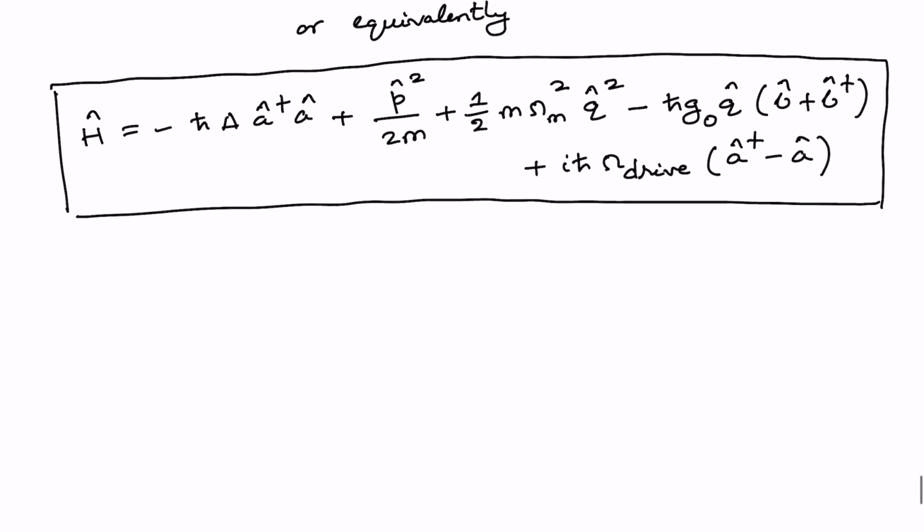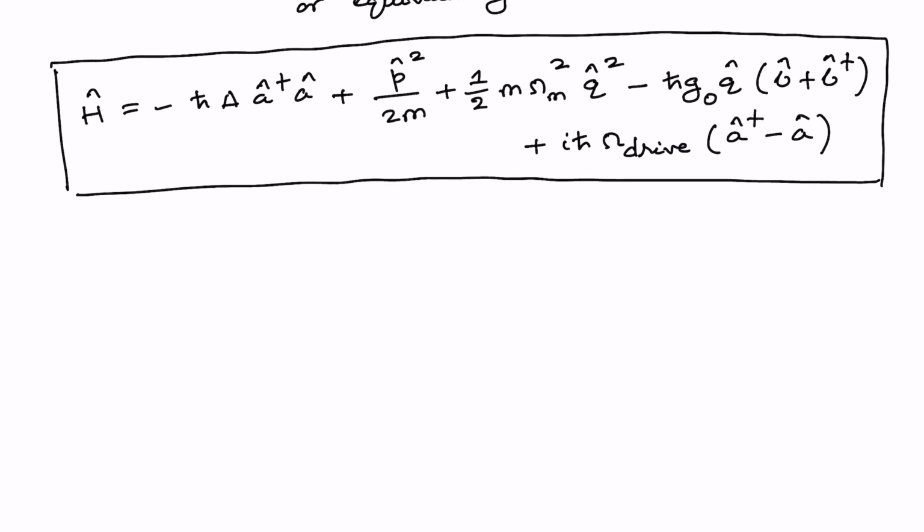Okay, the Heisenberg equation of motion can be written down using this Hamiltonian.